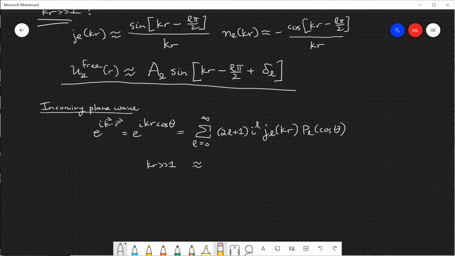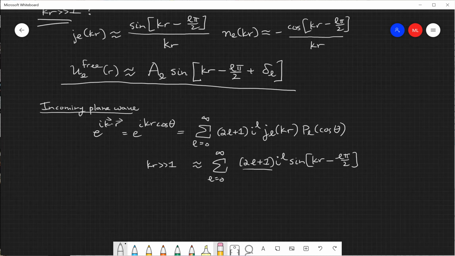So this must be equal to the sum from L equals 0 to infinity of 2L plus 1, I^L. These become sine of (KR minus L pi over 2) divided by KR. This just comes from the asymptotic form for the spherical J.